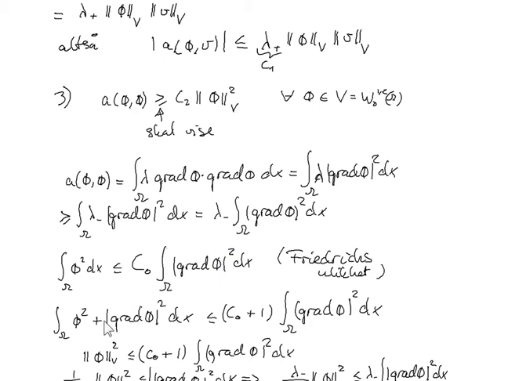So what we are doing now is to relate this to the Sobolev norm of phi. So why don't we just add the square of grad phi in the integral here? What we have done here is to add the integral of the square of grad phi on both sides of this inequality, and then we obtain easily this inequality.